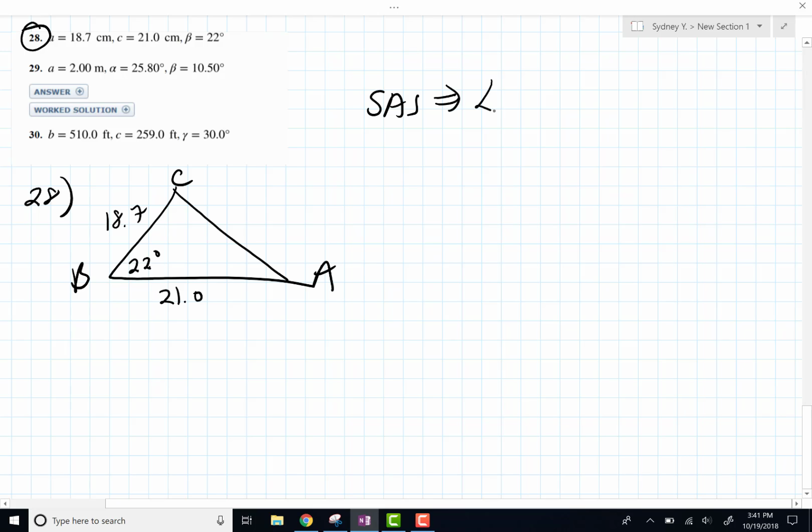This is just law of cosines. Every time you see side, side, side, or side angle side, it's law of cosines.